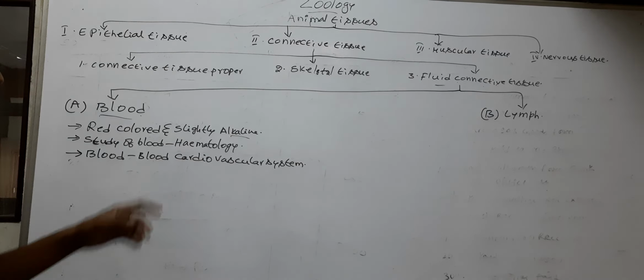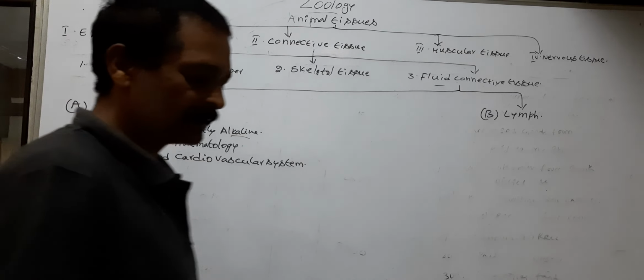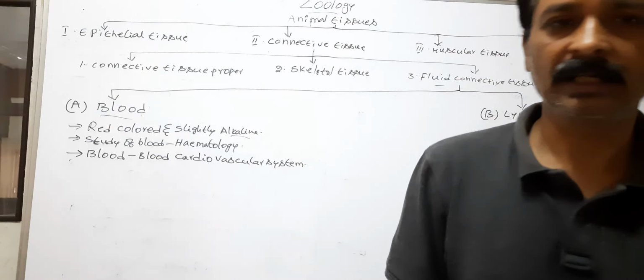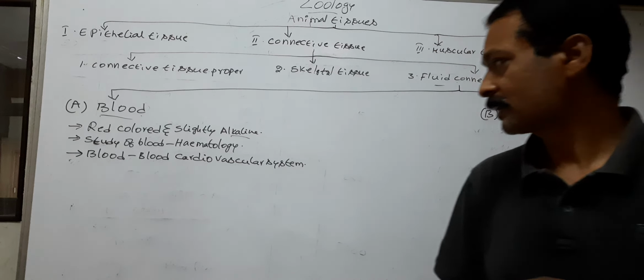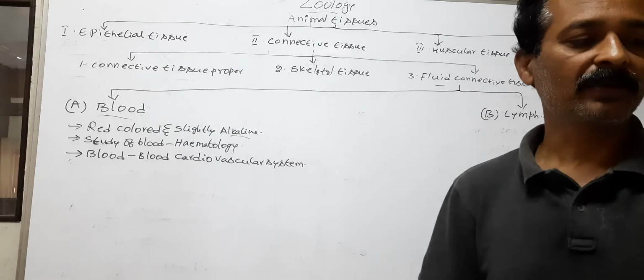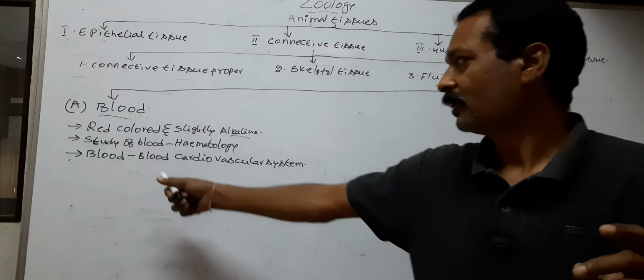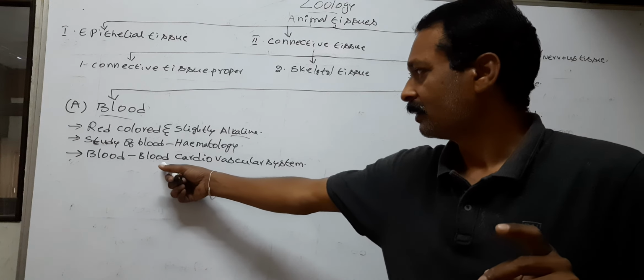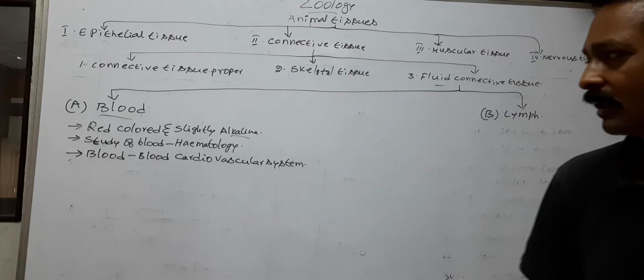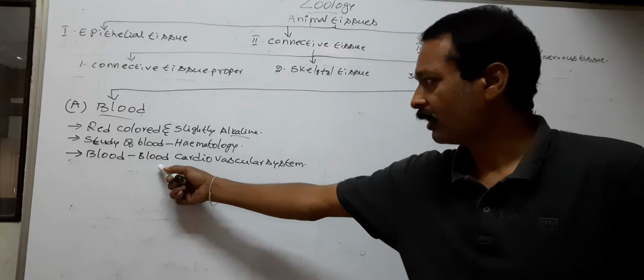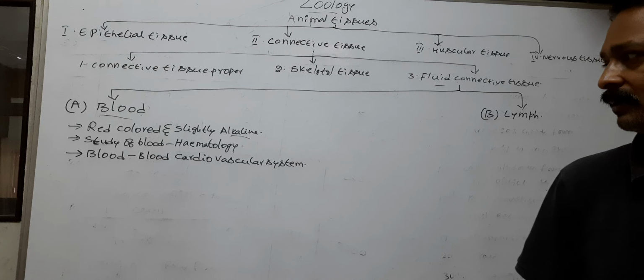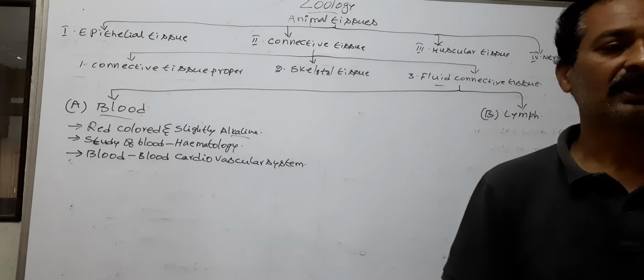The cardiovascular system generally consists of heart, blood vessels and blood. So the blood passes or circulates through the cardiovascular system.